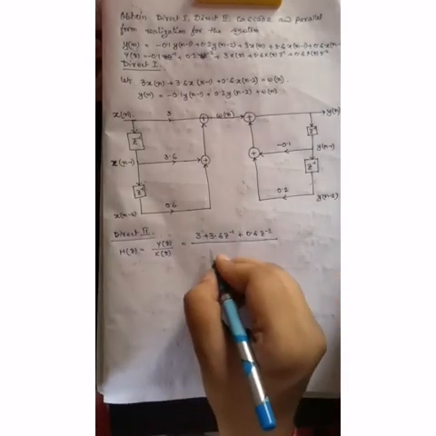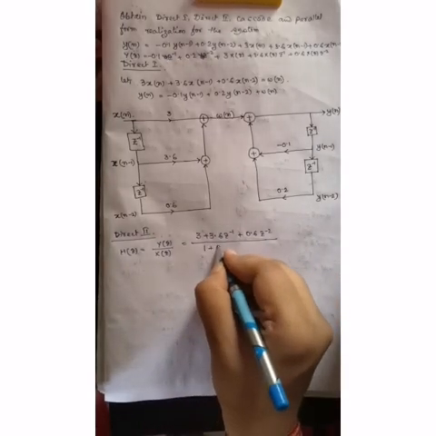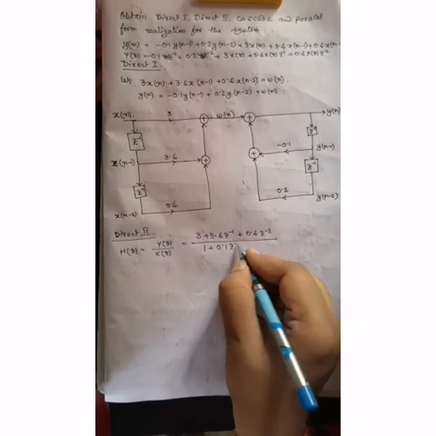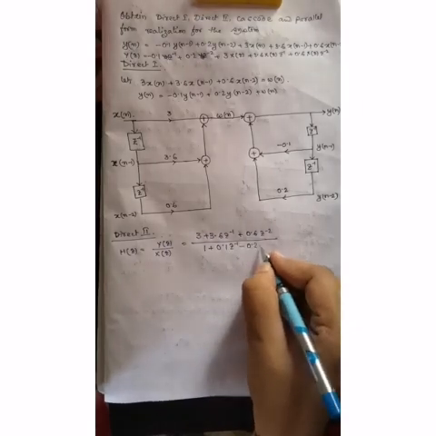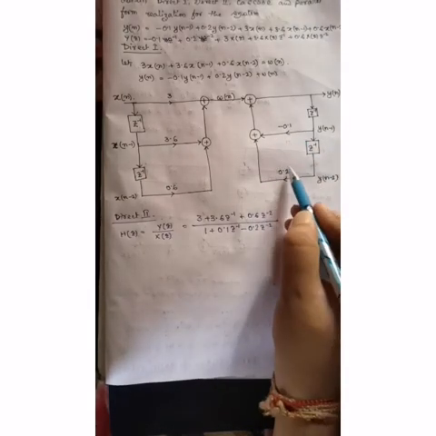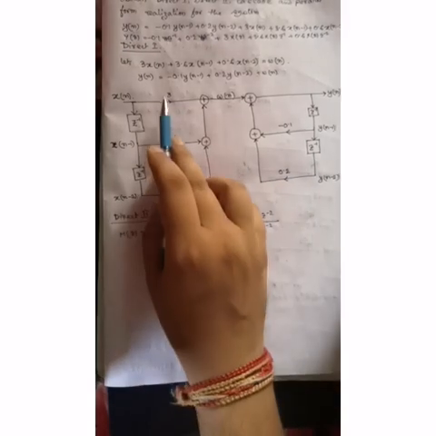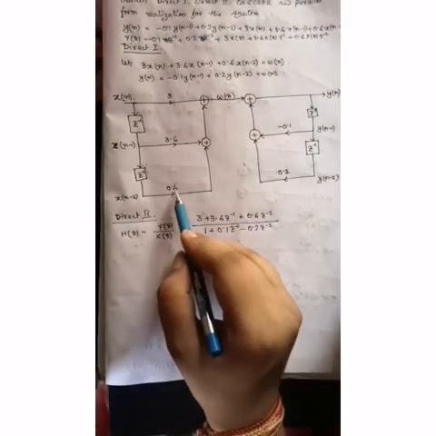For the Y part, that is 1 plus 0.1 z to the power minus 1 minus 0.2 z to the power minus 2. Here we have to keep in mind the sign, because there is a change of sign. This is minus 0.1, this is plus 0.2, this is plus 3 plus 3.6 plus 0.6.